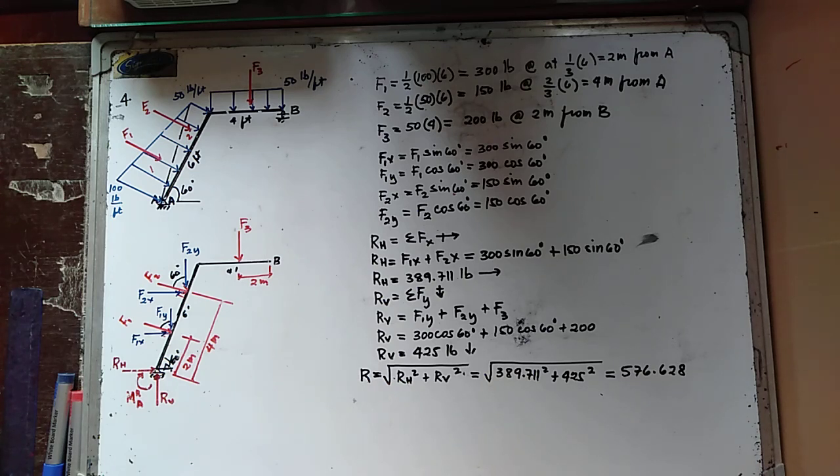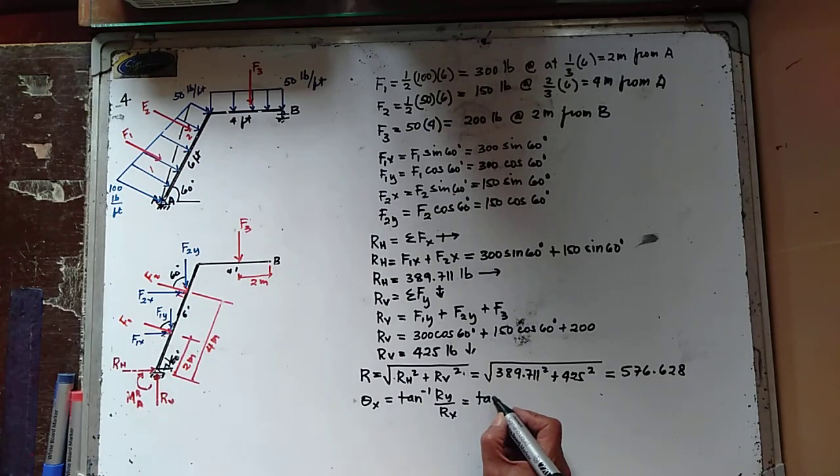Let's try to determine now the position of the resultant with respect to the horizontal. So with respect to the horizontal, this is equal to the arc tangent of Ry over Rx.